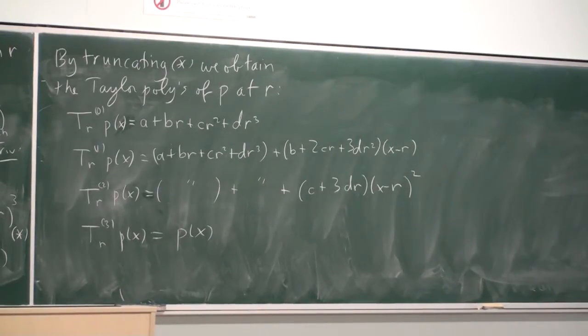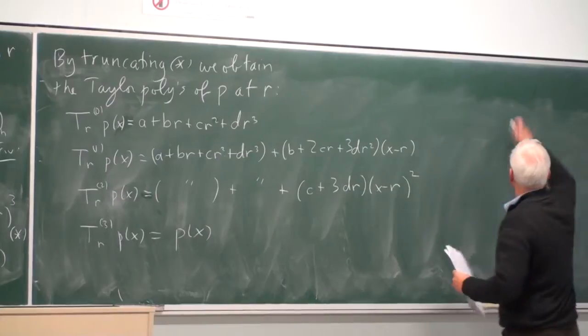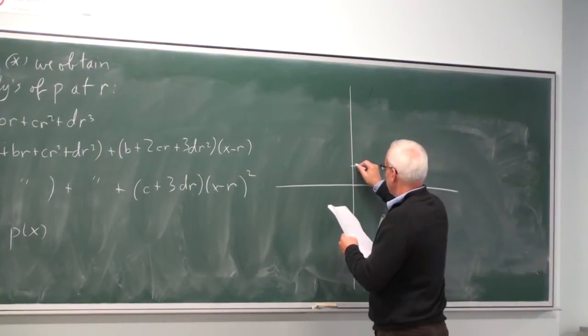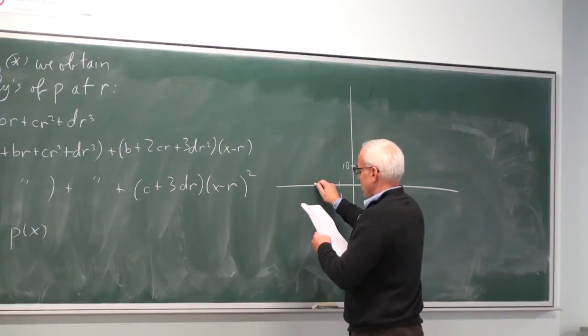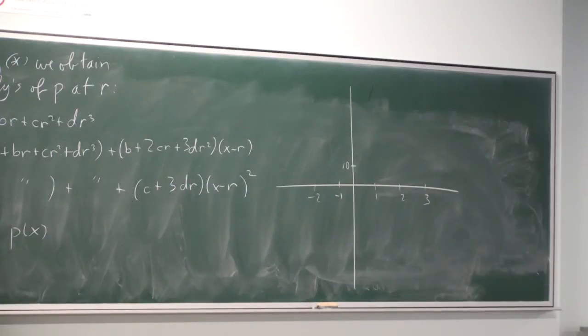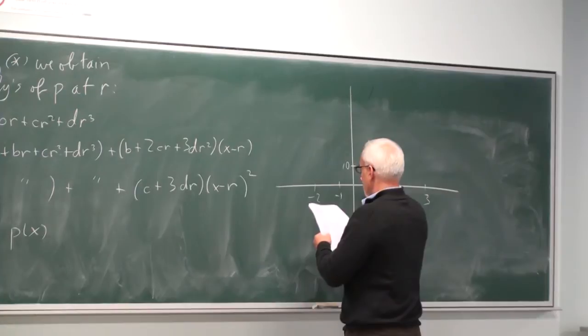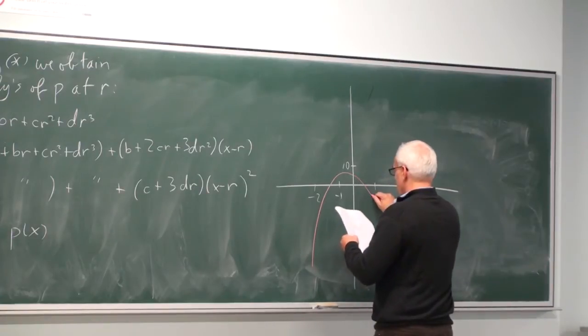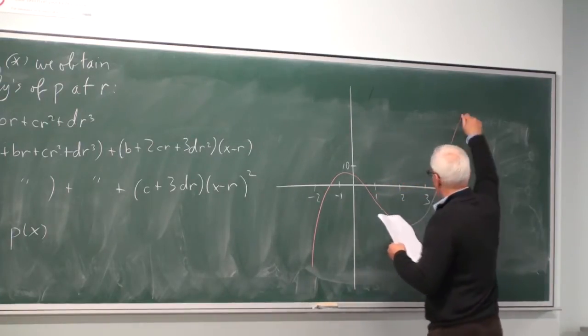So these Taylor polynomials are going to be, for us, geometrically simpler versions of the original polynomial, especially valid near the point R. So, for example, here is a polynomial, something like that.